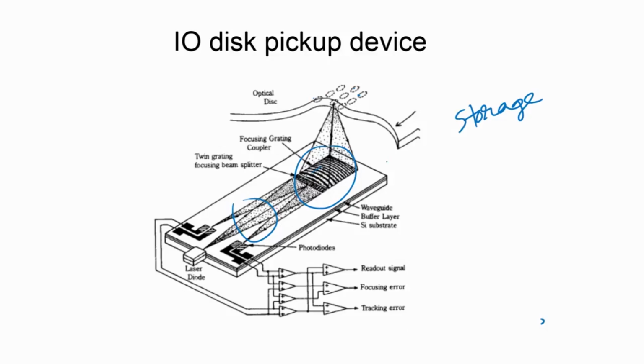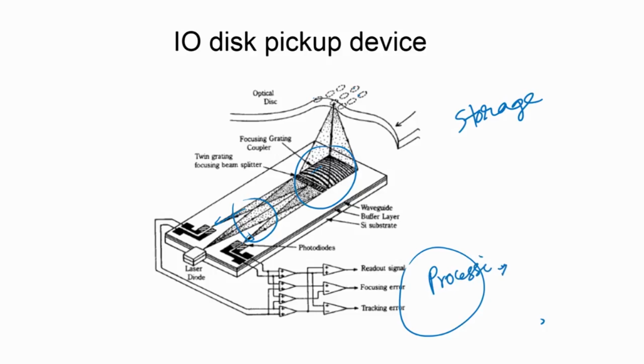This is a planar waveguide, and there is a relief grating here which can focus the light onto these bits, and the received signal is also received by this and directed into these output ports. There could be photodetectors here to convert the optical signal into an electrical signal, and later on you can do a lot of processing at this point.